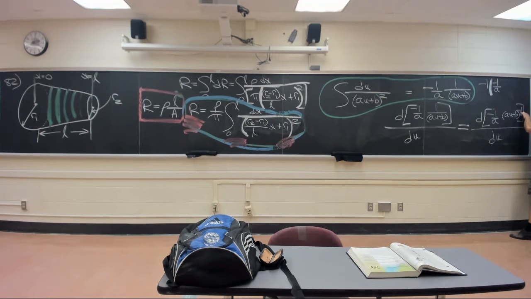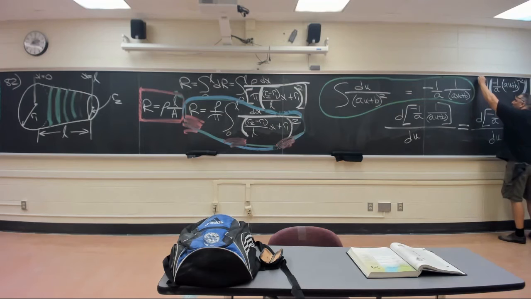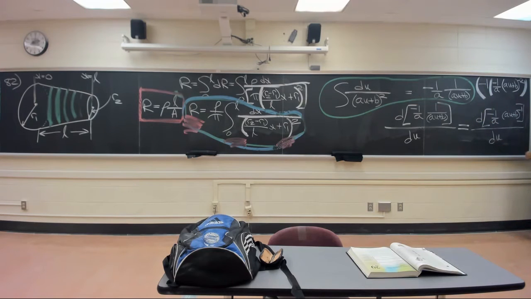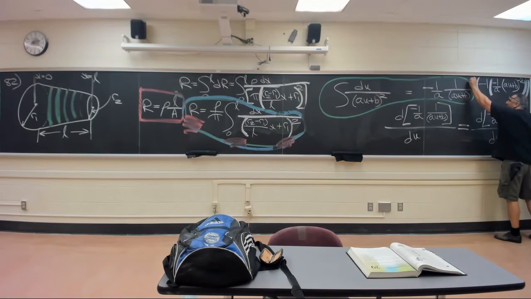Subtract 1 from the negative 1 here. True. Let's have a look here just to be sure on this. Okay, do that. And then by the chain rule, the derivative of au plus b with respect to u, that's an a.